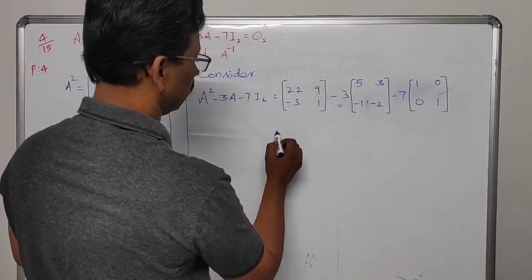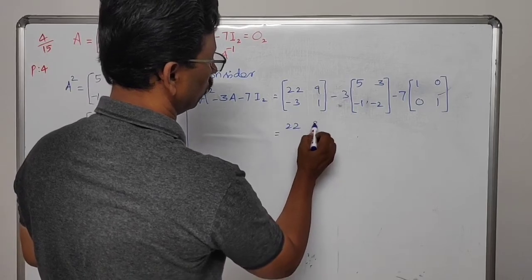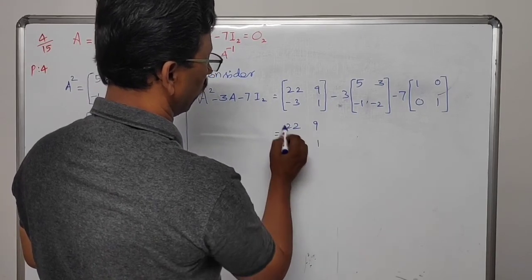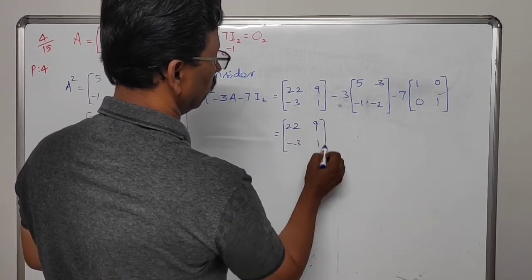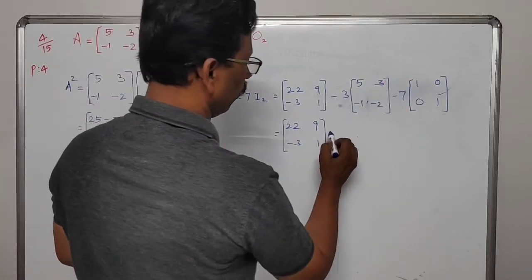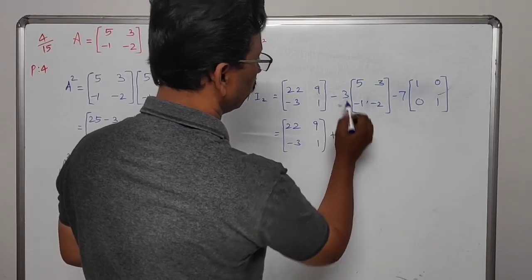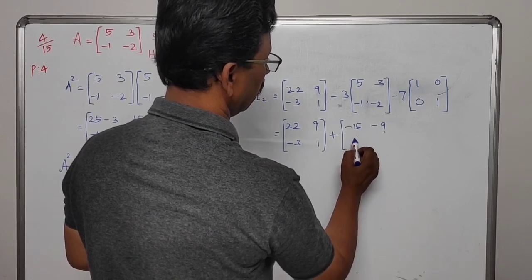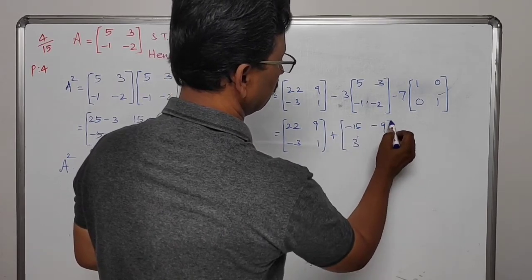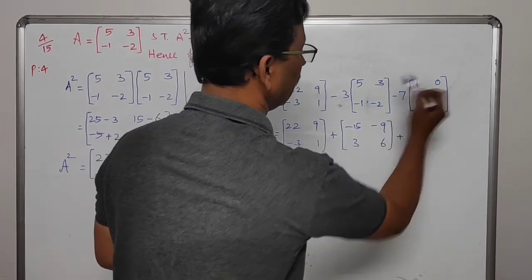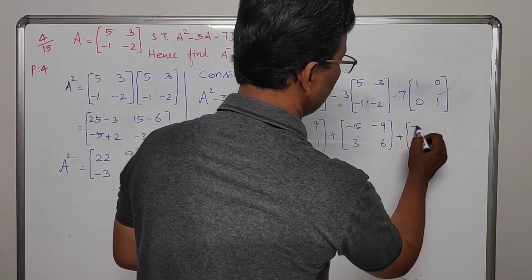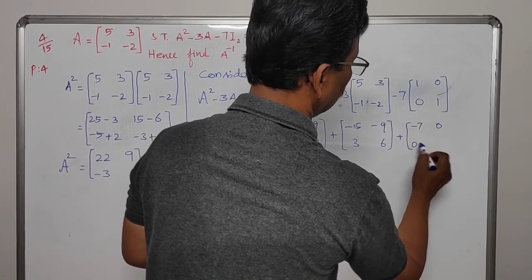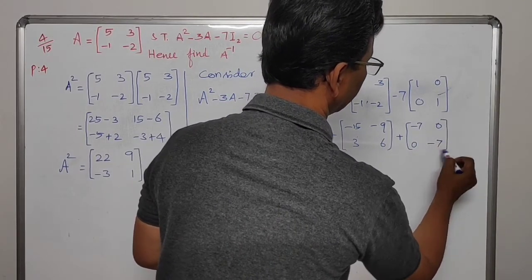Now after this, which is equal to 22, 9, minus 3, 1. Then you can take minus 3 inside, put plus, then you can write minus 15, minus 9, plus 3, plus 6. Then you can take minus 7 inside, minus 7, 0, 0, minus 7.